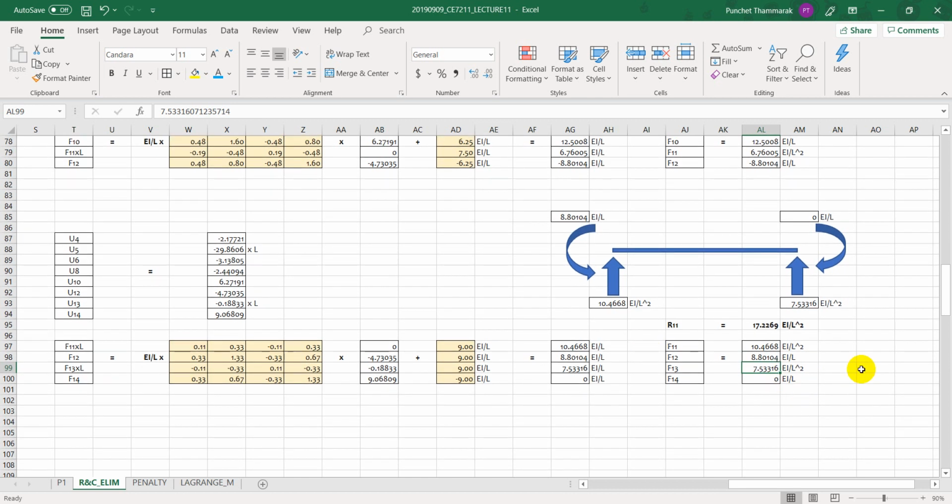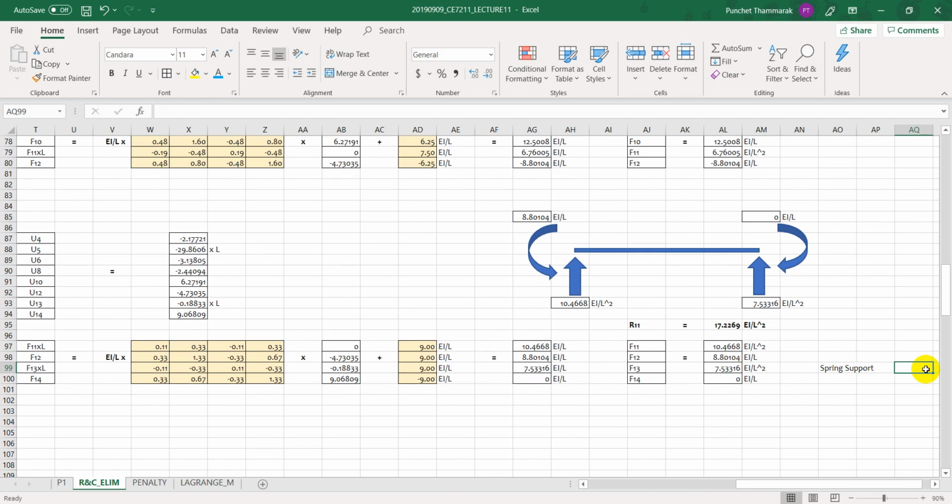So let's see, spring support. F13, right? Spring force.